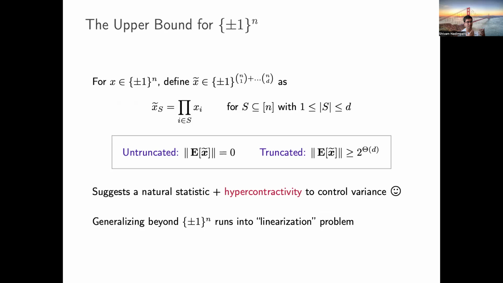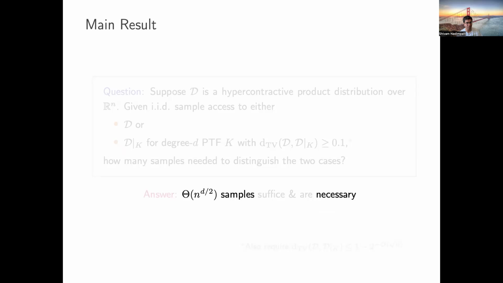But if you look at the Fourier basis of a hypercontractive distribution, the product of two basis elements isn't necessarily a basis element. So you have to expand it out in terms of the basis and do a little bit of work to make this idea go through for arbitrary distributions. With this out of the way, I'm going to turn to the lower bound.